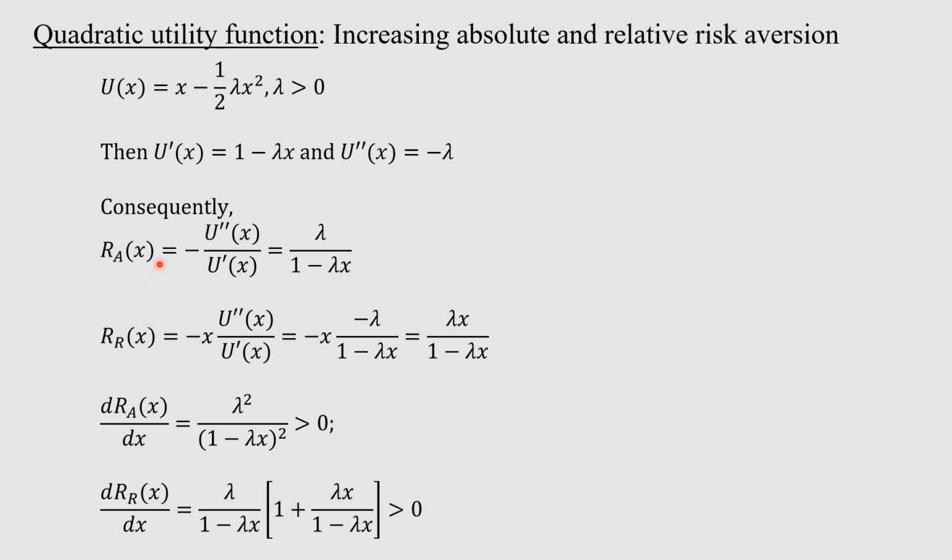Consequently, the absolute risk aversion coefficient is given by lambda over 1 minus lambda X, and the relative risk aversion coefficient is determined as lambda X over 1 minus lambda X. And when you take the first derivative of both risk aversion coefficients, it is greater than 0.